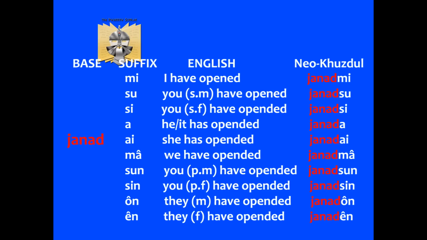Now let us quickly review janad, open, in the perfect tense. For convenience, I will be translating it as if it were the past tense, because that's the most frequently used form for the perfect. As I said, we shouldn't divide perfect and imperfect based on past and present, because it is based on dependability.